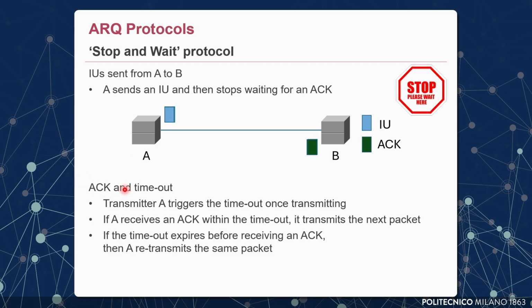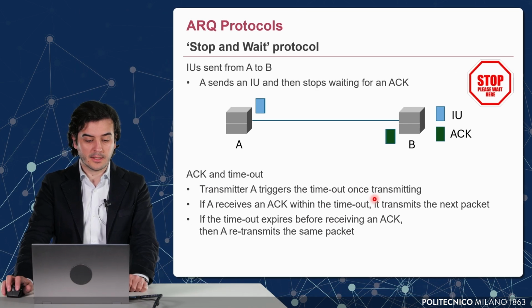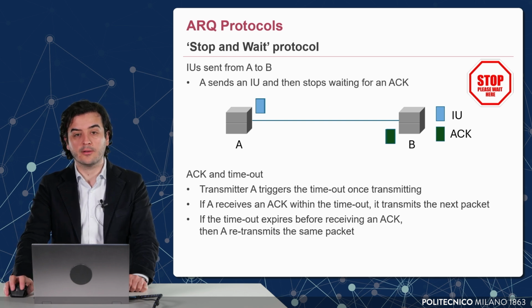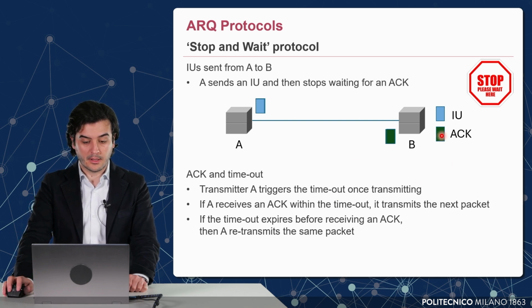The acknowledgement and the timeout work in such a way that the transmitter A triggers the timeout once transmitting. When the information unit is sent out from A, it's waiting for an acknowledgement, but at the moment that it has transmitted it, there is also a timeout in place, which allows it to keep track of whether the acknowledgement has been received in time.